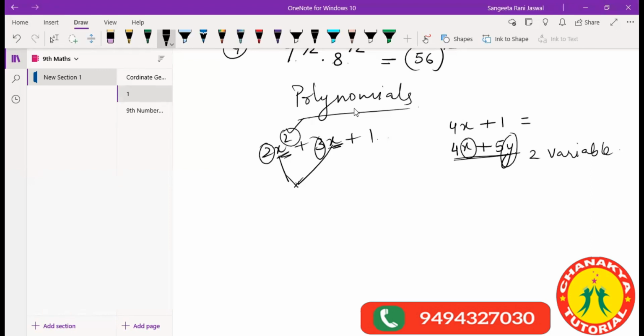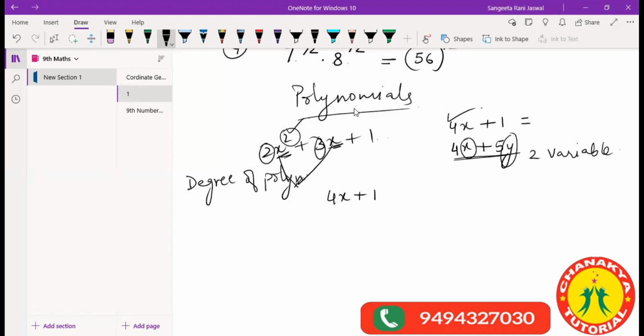So, suppose I take some examples of these expressions. In this expression, we can see what is the highest degree of x. Variable की highest degree क्या है? We are talking about the degree of a polynomial. What is the degree of a polynomial?